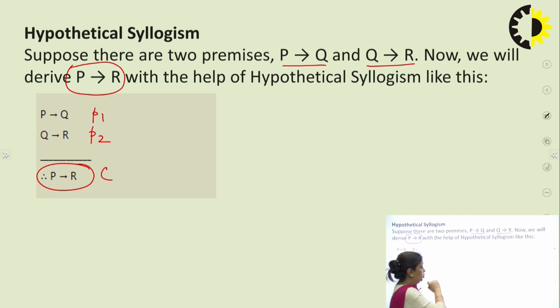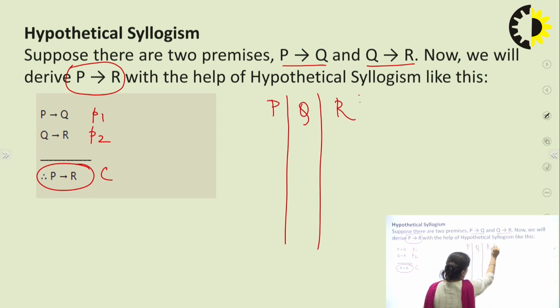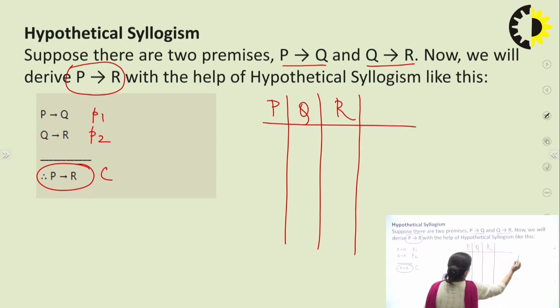So, let's just draw the truth table and check whether it is a valid rule or not. Now, here I have three variables P, Q and R. So, if I have three variables over here, how many inputs will I be having? I'll be having a total of 8 inputs. Either all of them can be true.